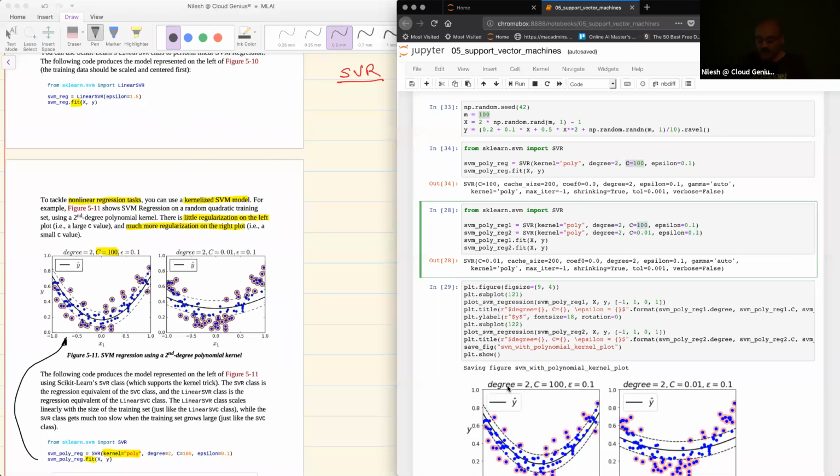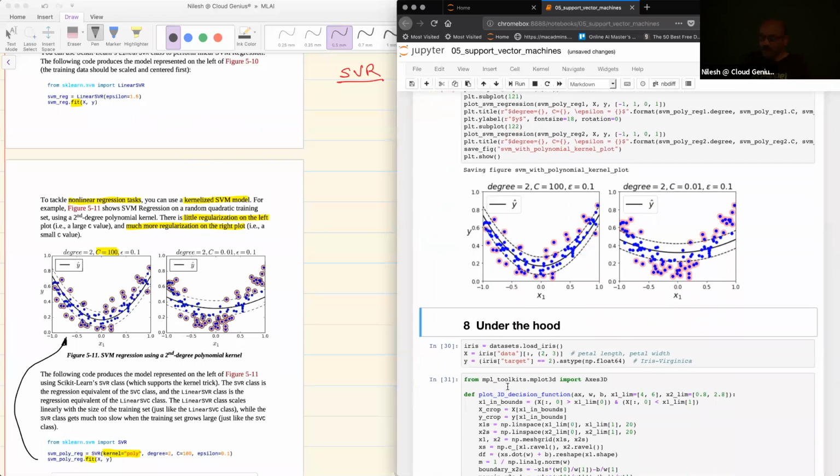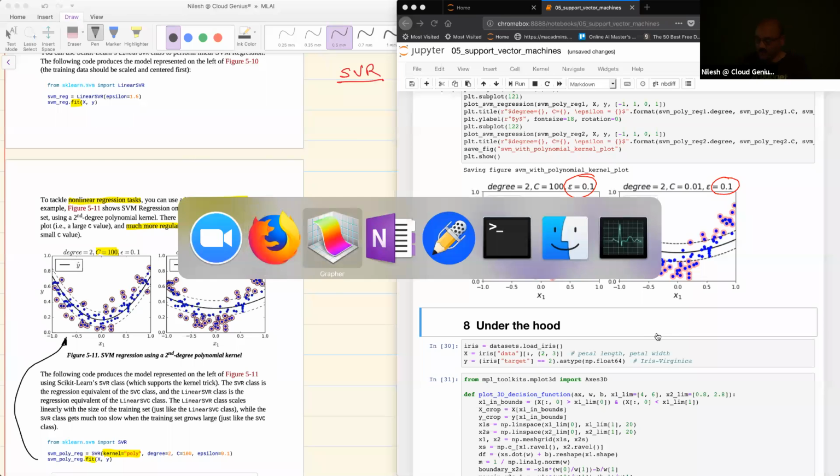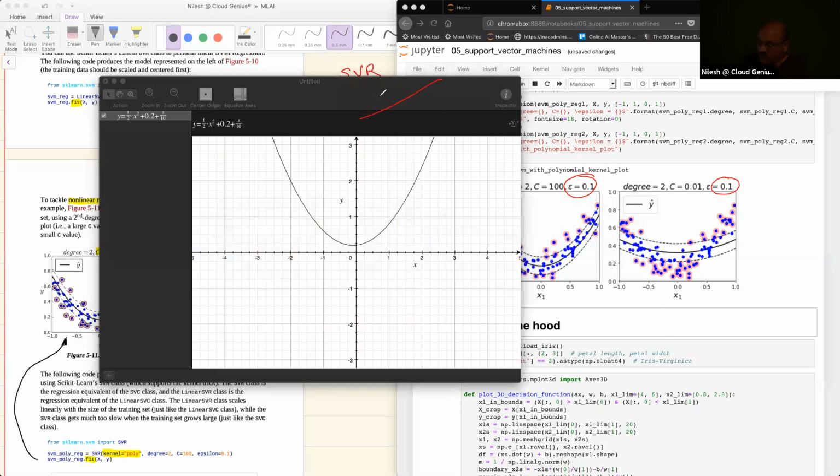When we do that, we get these two plots. Let's understand what's going on under the hood. If you look carefully at the plots, you will find that the width is the same, but the shape of the curve differs.